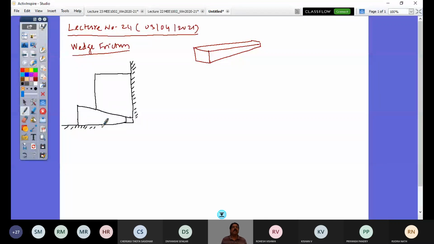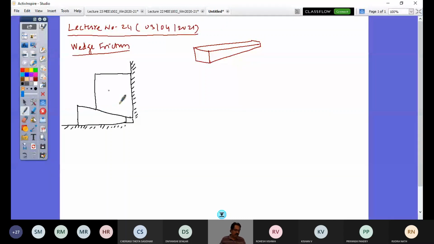Now you look at the weight of the wedge, which is normally negligible compared to that of the load it supports. Geometrically, it appears here as if this is also a big volume like that. That can be, because this can be a heavy material, and this is a very light material. This can be a wooden piece, this can be wrought iron. So in such cases, dimension is immaterial, right? Sometimes this can be negligible weight, or it can be a comparably small weight.